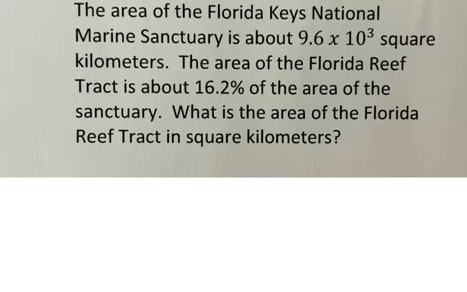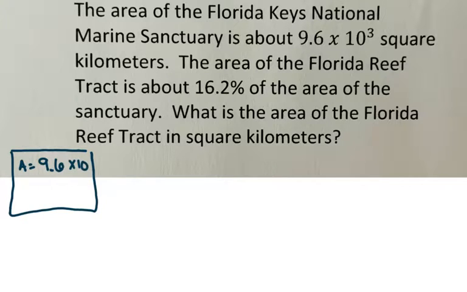Well, this might be a little bit easier if we draw ourselves a little picture. So we'll just assume that this is the area of the Florida Keys National Marine Sanctuary. So remember, it said the area of that is 9 and 6/10 times 10 to the 3rd.